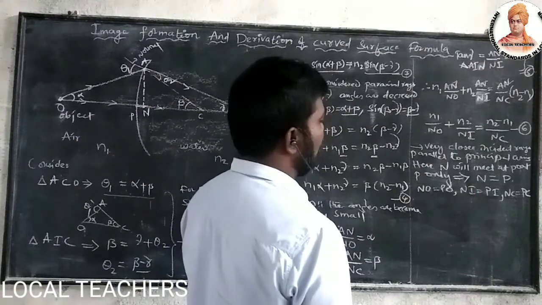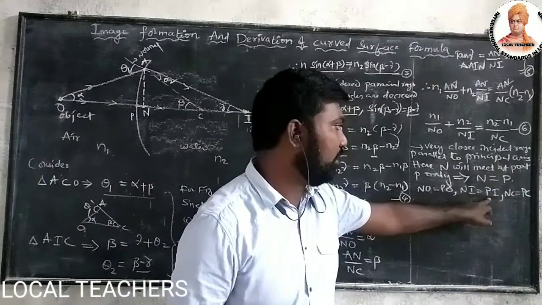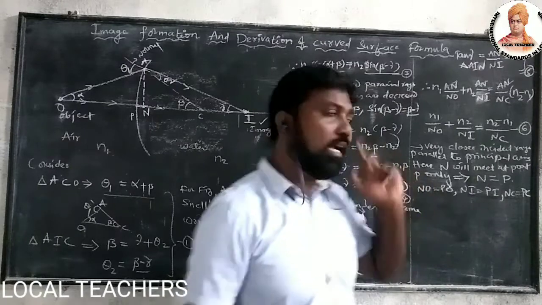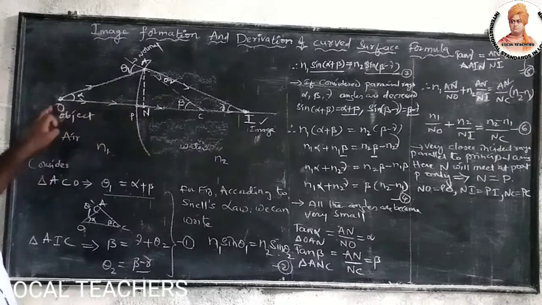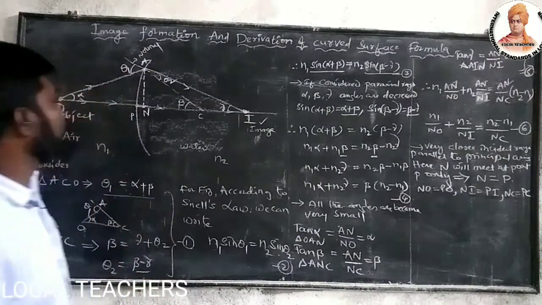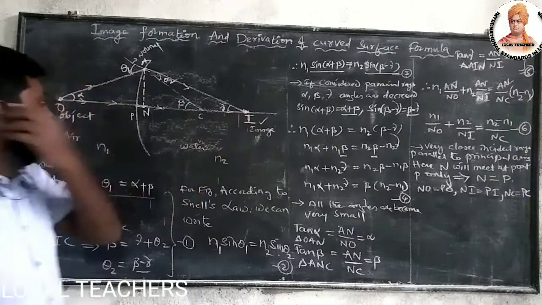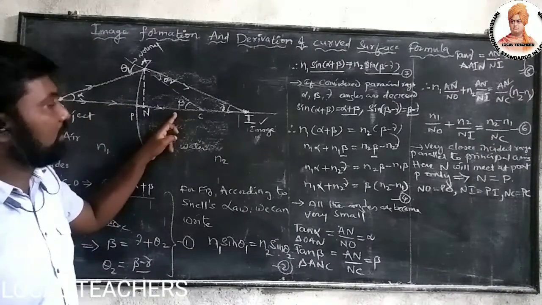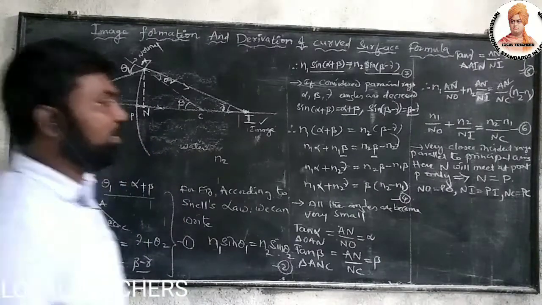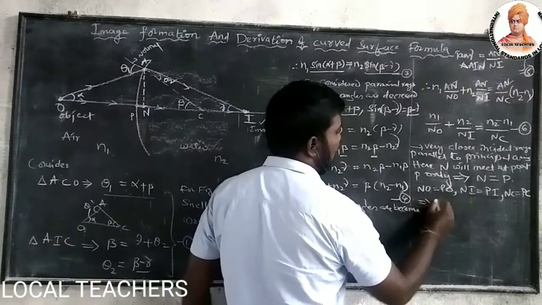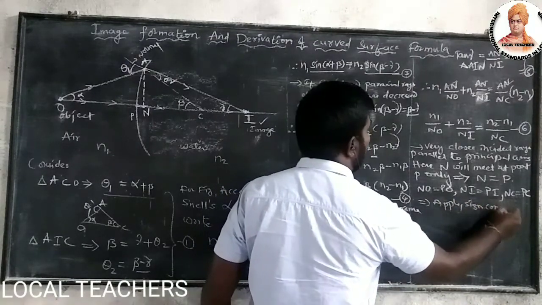Next, I will try to find the PO value, PI value and PC value from the diagram. Look at the diagram here: PO, the distance of object. Next, PI, the distance of image. Next, PC, this is the radius. For finding these values, apply sign convention.